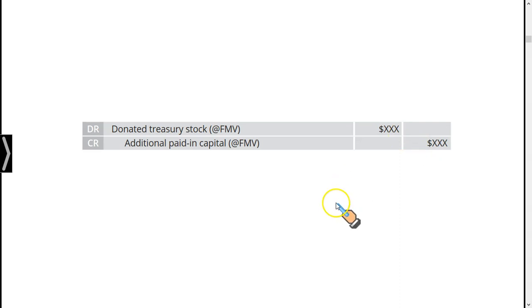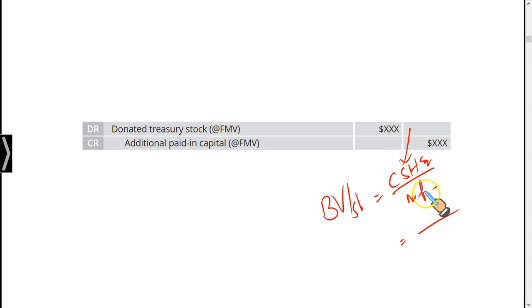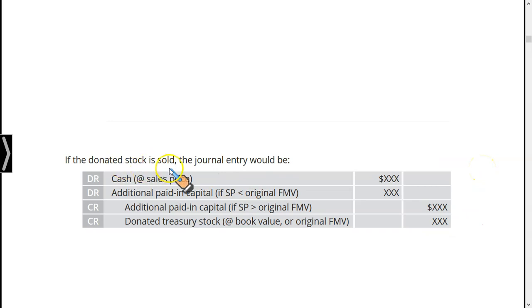This is what raises your book value per share. Remember, book value per share is equal to common shareholders' equity divided by number of shares outstanding. Since the common shareholders' equity stays the same and the number of outstanding shares decreases, this would raise the book value per share amount. But if the donated stock is sold, the journal entry is you debit cash, whatever the sale price you receive, and you credit your donated treasury stock.